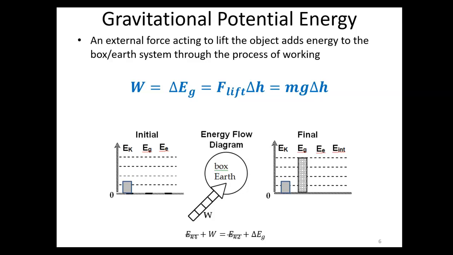In this conservation equation, the kinetic energies on both sides of the equation are equal. Therefore, if I subtract them from both sides, they go away. So I'm left with a simpler formula that says that the work that was done equals the change in the gravitational energy. This thought experiment is how the equation to calculate the change in gravitational energy was derived.